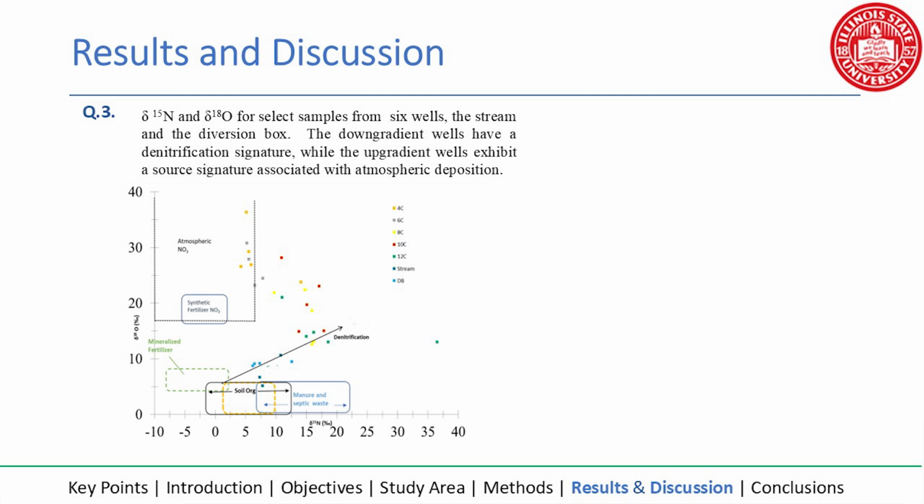And then we've got some wells that actually show a mixing pattern of both atmospheric and then ones that have been denitrified, which again fits with our model of what's going on in terms of water coming in from the tile, mixing with the groundwater that was there, but we're also seeing the processes then of denitrification occur.